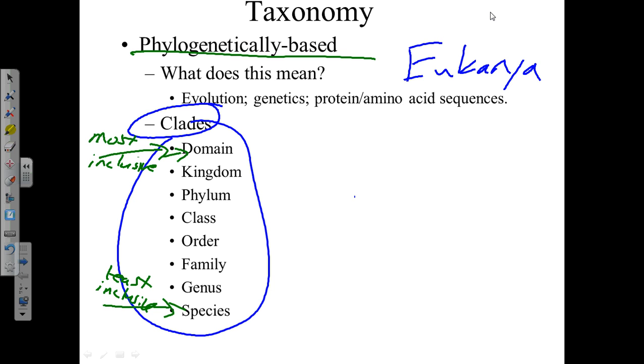What else is eukaryotic? Somebody help me out. Fungi and protists. There you go. Most of the things that we would think of as important things on Earth, again, that's just from our perspective, fall into that Eukarya group. The other two groups, though, one of them is called Archaea. What's the other one?